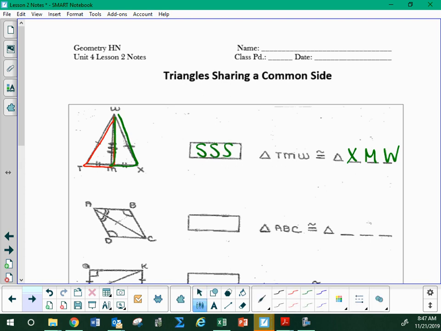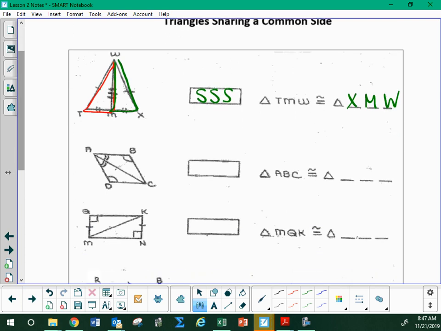All right. Let's take a look at our next one. ABC is what they're talking about. When I compare that to ADC, we only have two pieces of information. I have these angles and these angles.